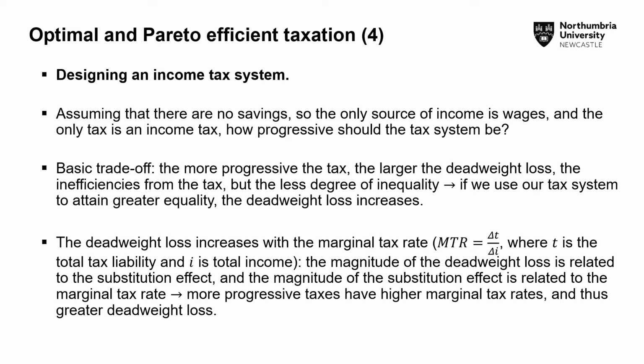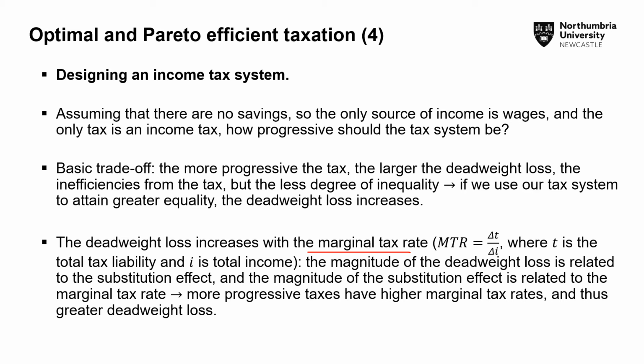So how we can quantify the increase in the deadweight loss is as follows, using the marginal tax rate, which is simply the ratio of the change in the tax rate relative to the change in the income. So it is related to the deadweight loss, that is related to the substitution effect, and the magnitude of the substitution effect is related to the marginal tax rate.